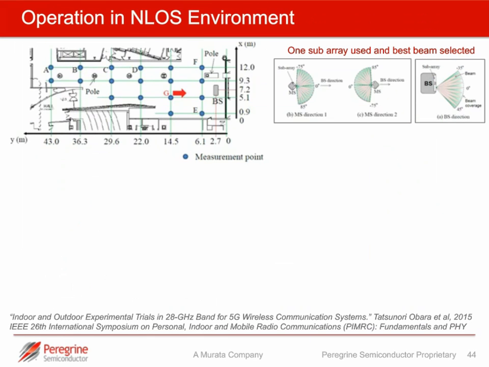So this is another study looking at a non-line of sight environment, and this has some interesting findings. If you look at this sample, two cases were tested. You can see on the top right is a base station with a scan range of approximately plus or minus 45 degrees.